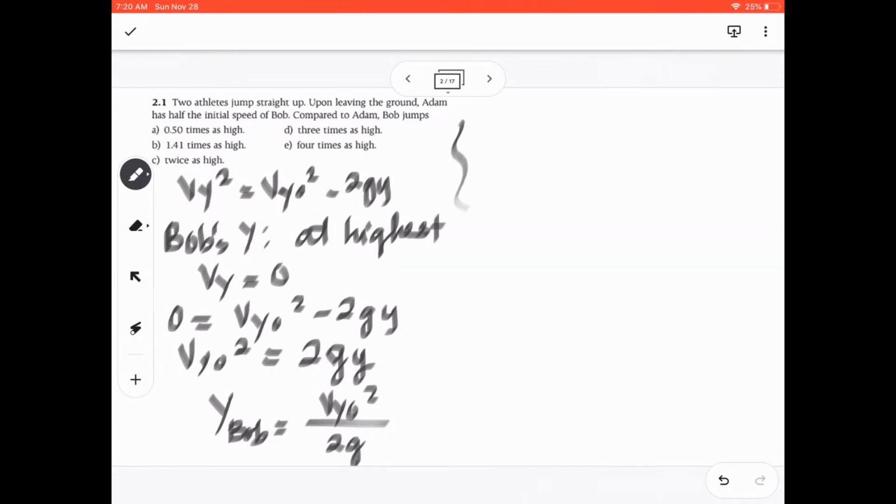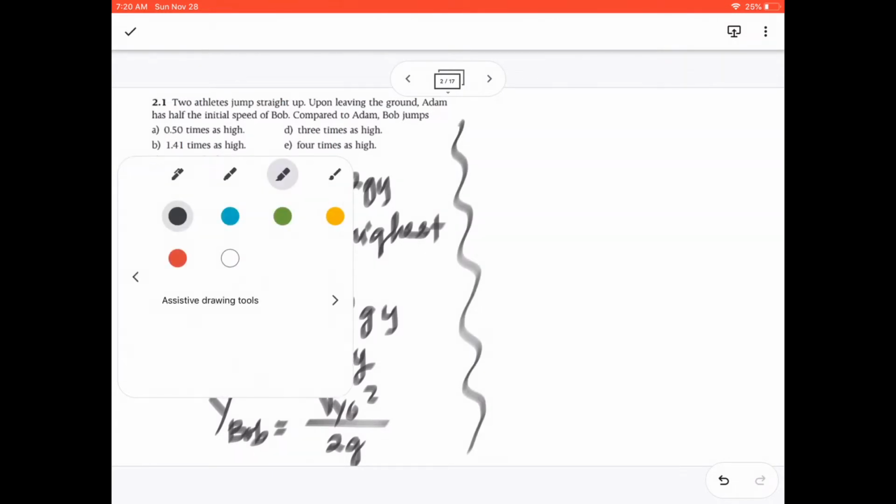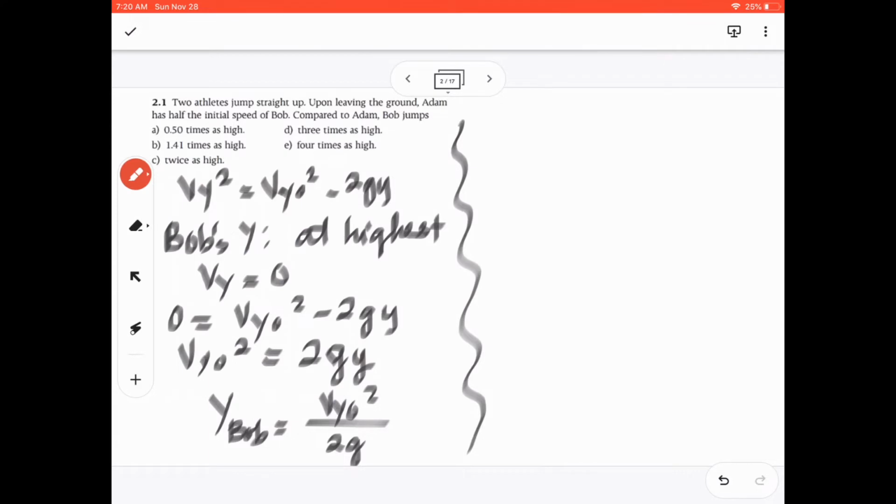Now let's solve for Adam's vertical distance. Same thing at the highest, Vy is equal to 0 for Adam. But Adam's speed is half the initial speed of Bob according to the problem.